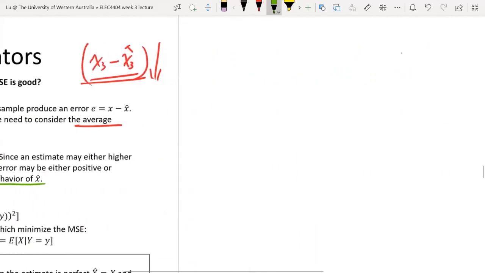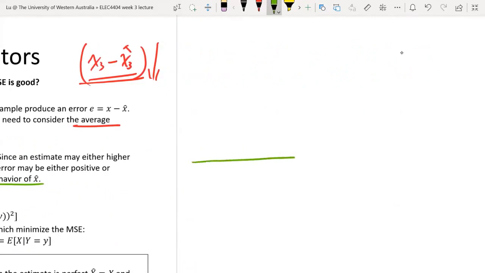Okay, example here. We assume this is the true x value. This is the true value, and our estimations may land here. In the first time, our first estimation is here. In such a case, because the x1 hat value is higher than the true value of x, its error is negative. Why negative?